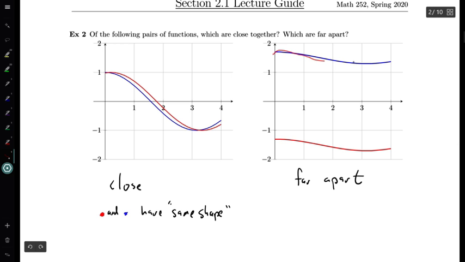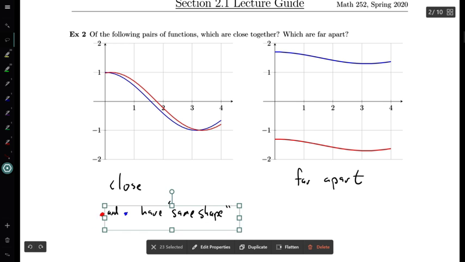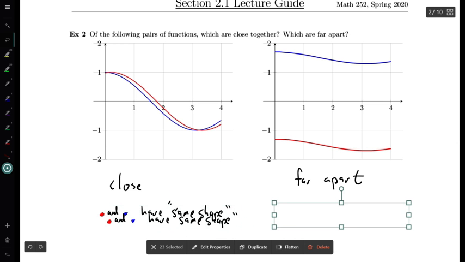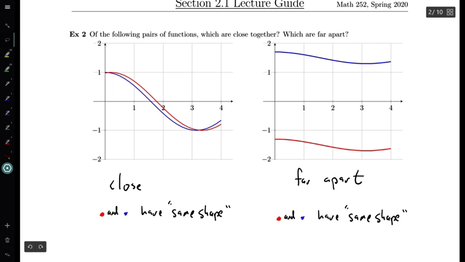Here we see the same thing. It's the same sort of shape, just translated differently. And we can make that same comment about this second example here.